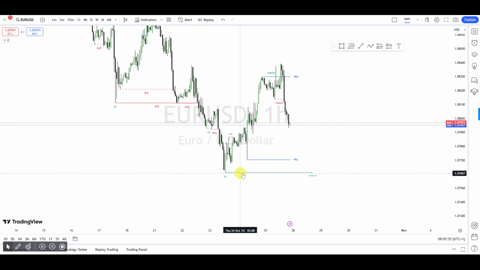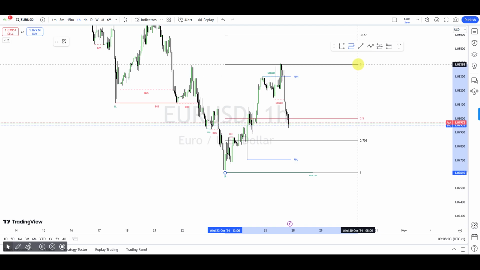I might like to use this as a reference point, but the issue about it is the fact that it doesn't take out any low. So when you took out this liquidity here, it doesn't take out any low, so I might not use it. But it took out that other block actually.